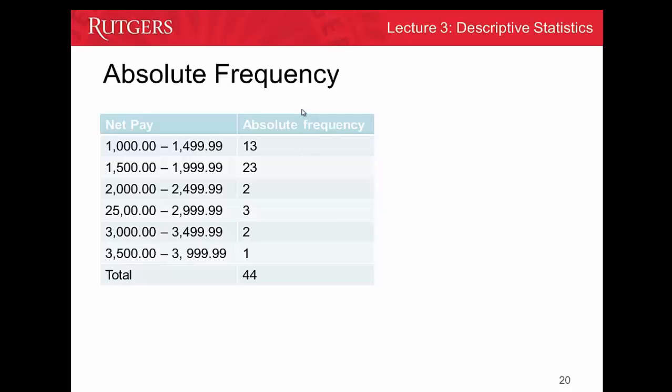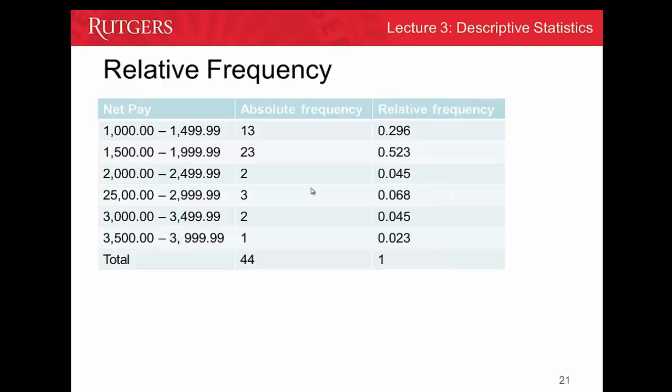And here we calculate the number of records that fall into each of these groups. It's just like the frequency distribution for the qualitative data. I don't want to explain more for this because we already talked about it in the qualitative data.